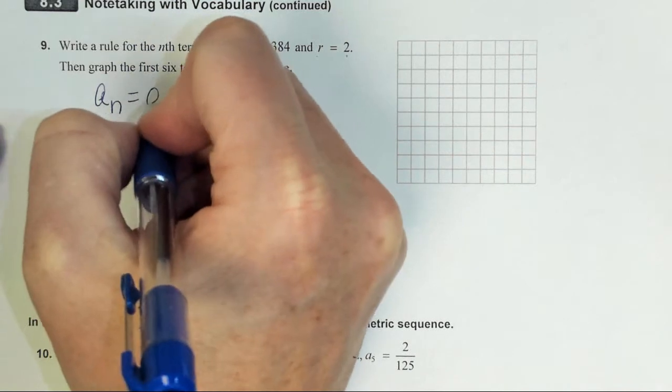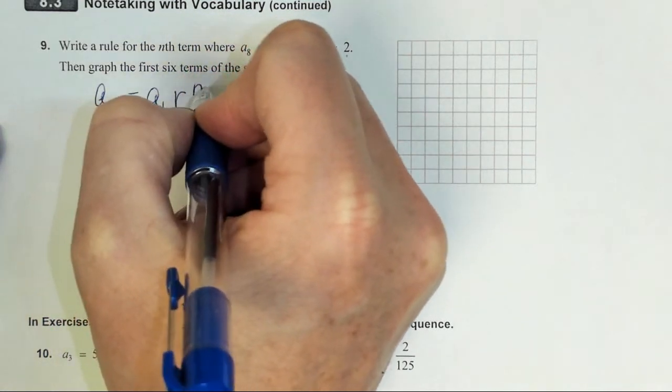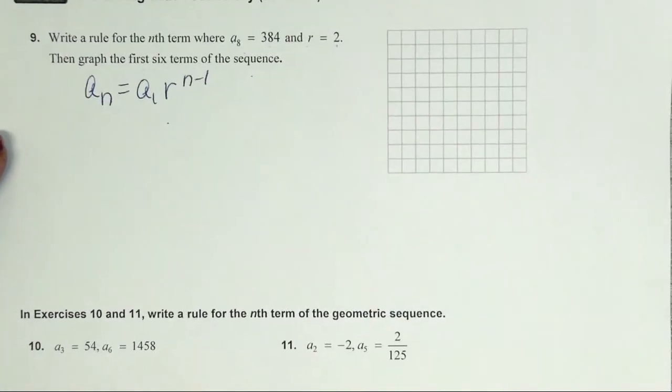So a sub n equals a sub 1 times r to the n minus 1. You might know what we should do. You just first find a sub 1. Okay, how are you going to find a sub 1? Just divide by... I don't know.